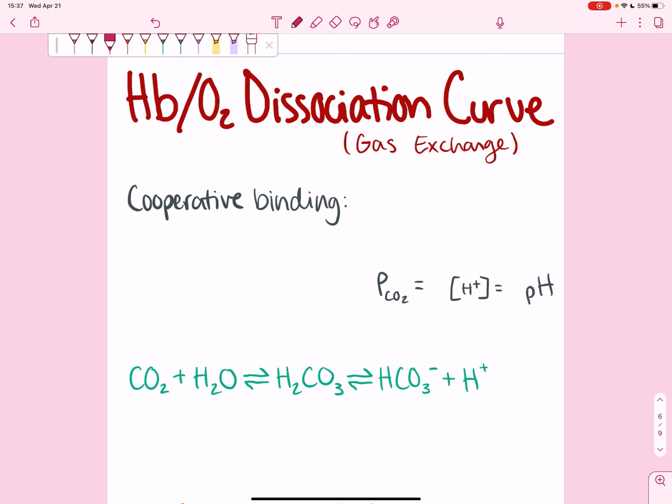And vice versa, each successive oxygen released from hemoglobin then decreases the affinity of other subunits.